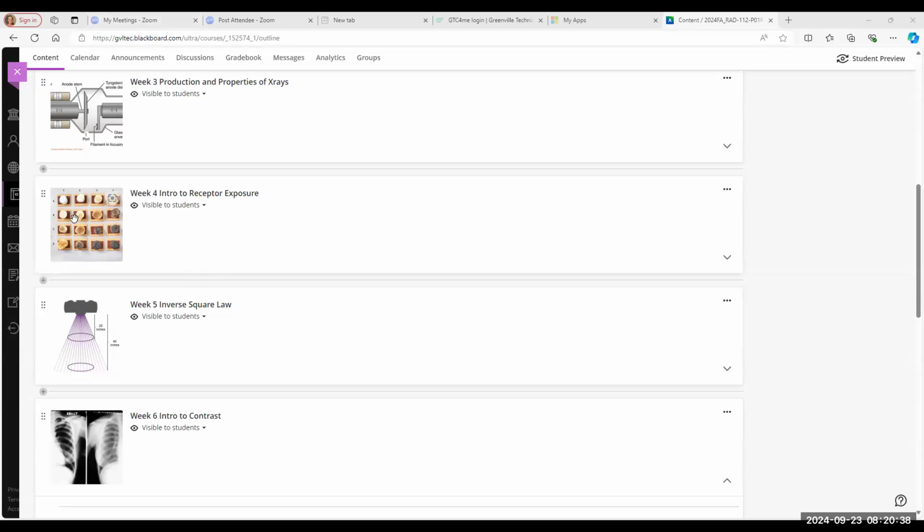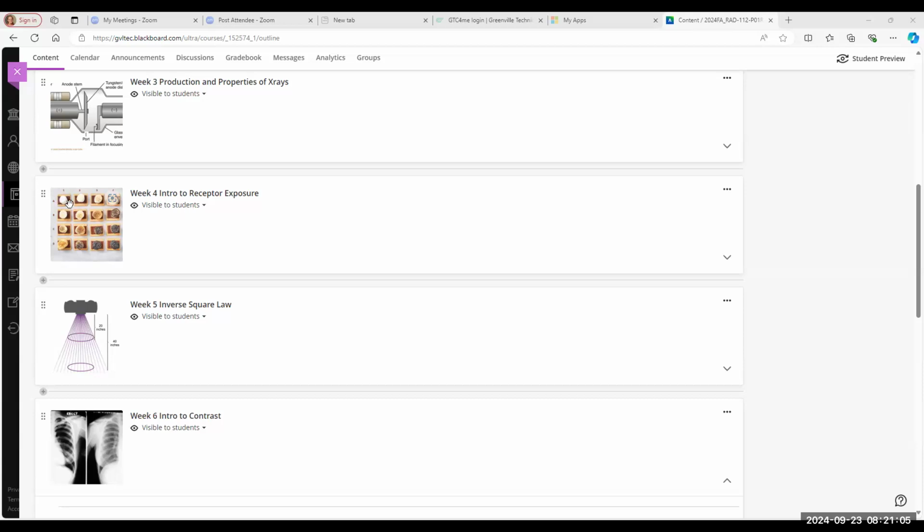And relate that to the brightness on the image. So this little picture here is what I'm talking about. So based on what I just said, does this represent a lot of receptor exposure or very little? The very white marshmallow. Very little. Very little. So very little exposure.